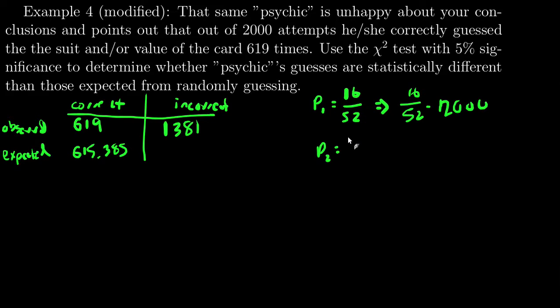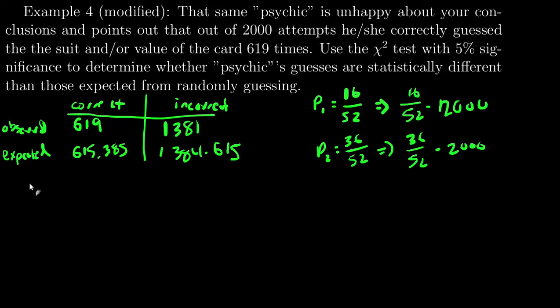So in here, that's going to be 36 out of 52, and that means that the expected value here will be 36 out of 52 times 2,000, and that's approximately 1,384.615. So the good news for the psychic is now he or she is a little bit better than the expected, but not by much, and let's check to see if that is statistically significant.